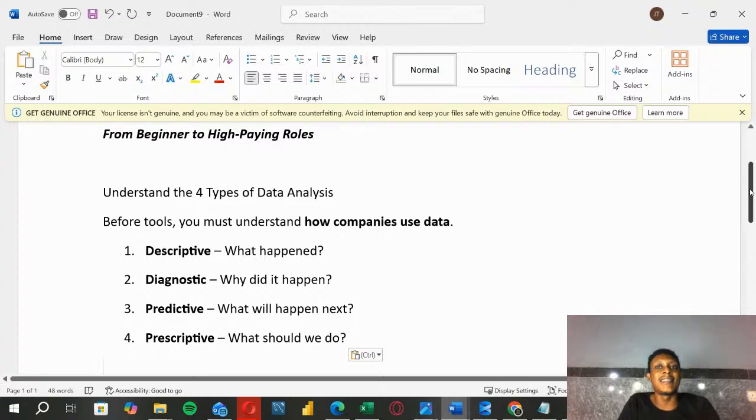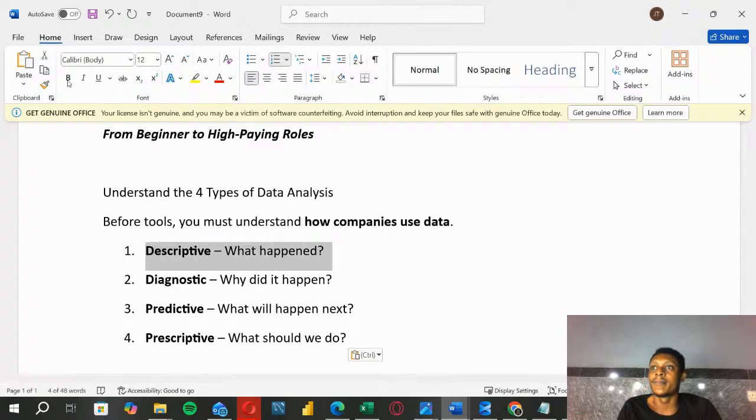Descriptive analysis simply answers one question. What is the question? What happened? This is about summarizing data, creating reports, building dashboards, and tracking KPIs.